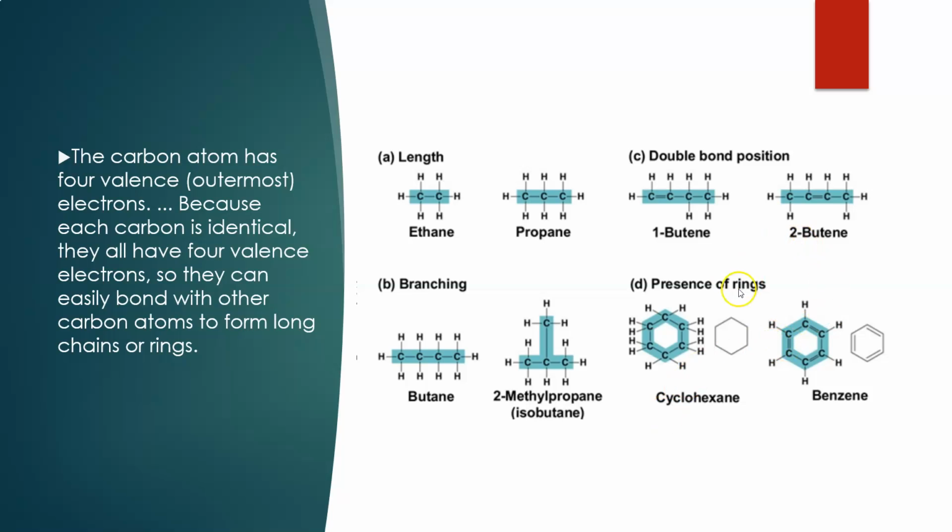Here you can see different chains in ethane, propane, butene, and also you can see branching like methylpropane or rings like cyclohexane and benzene.